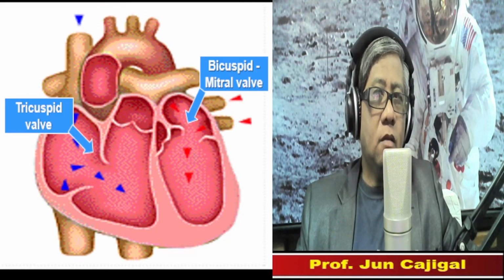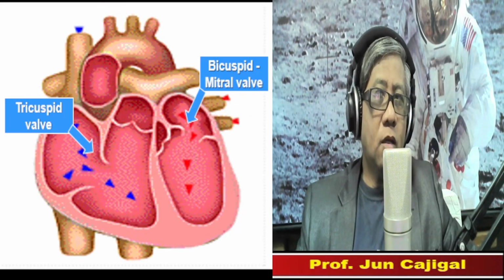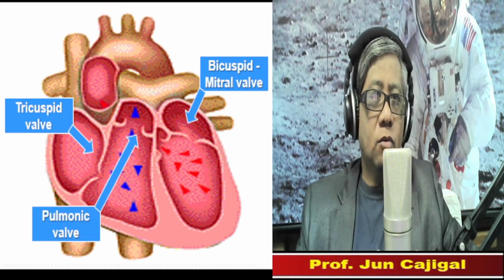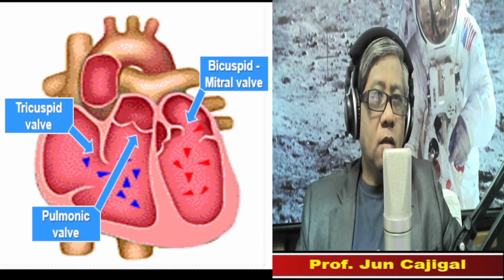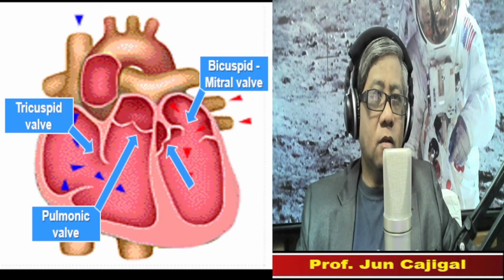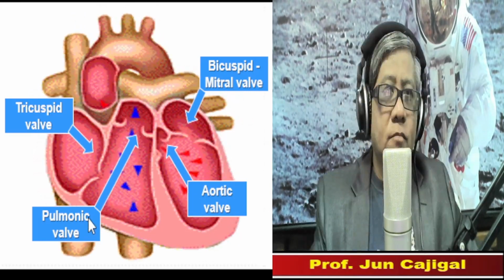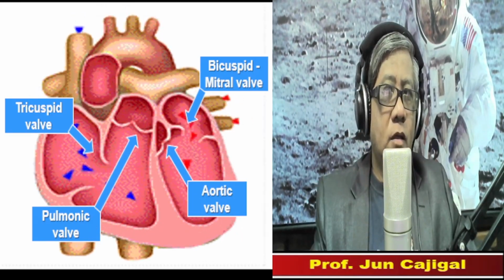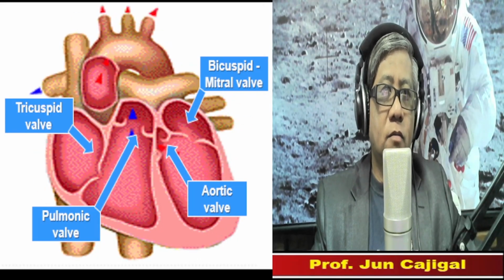The right ventricle is separated from the pulmonary artery by the so-called pulmonic valve, and the left ventricle is separated from the aorta by the so-called aortic valve. Both the pulmonic and the aortic valves are the so-called semilunar valves.